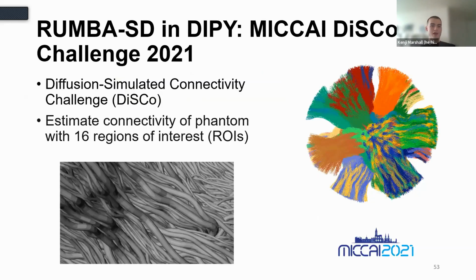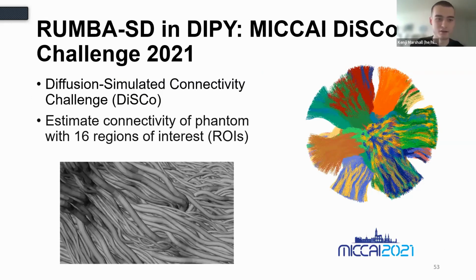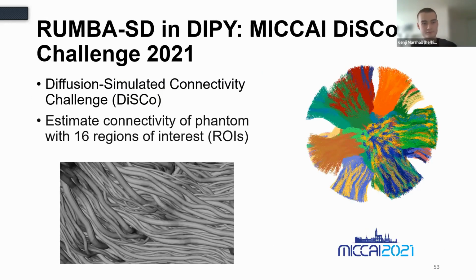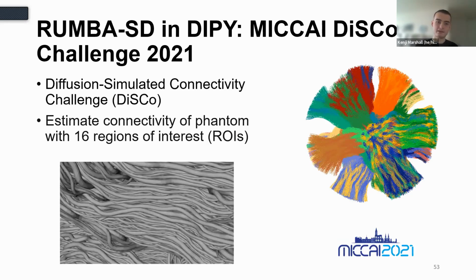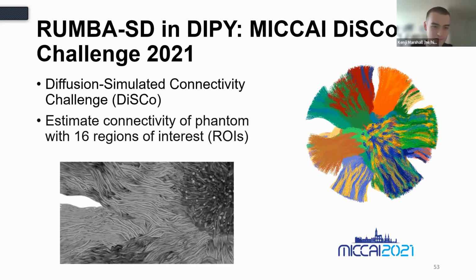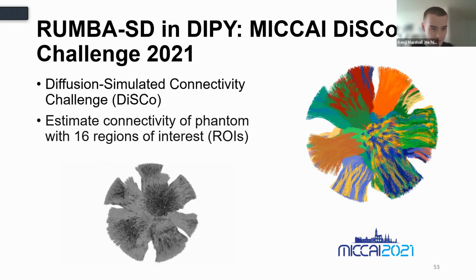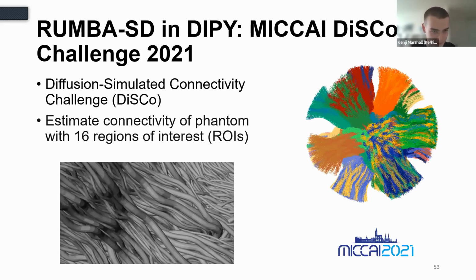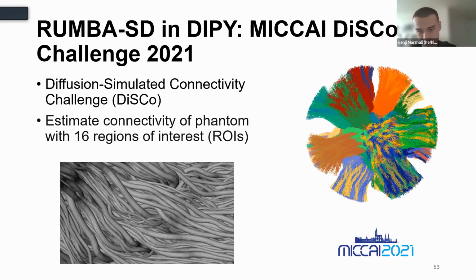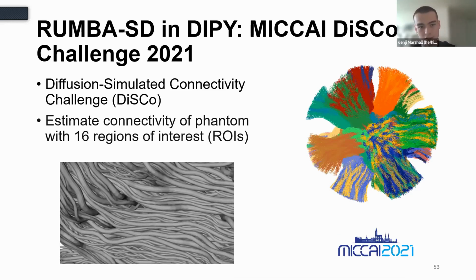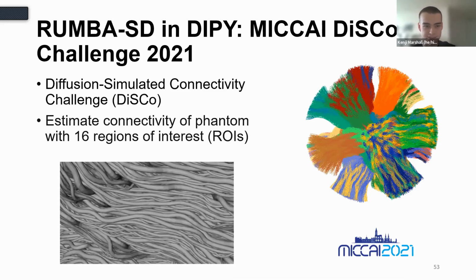The last thing I wanted to mention is we also used this RUMBA DIPY implementation in the Nikkei DISCO Challenge 2021. DISCO stands for Diffusion Simulated Connectivity Challenge. The challenge was estimating the connectivity of this phantom shown here with 16 regions of interest.